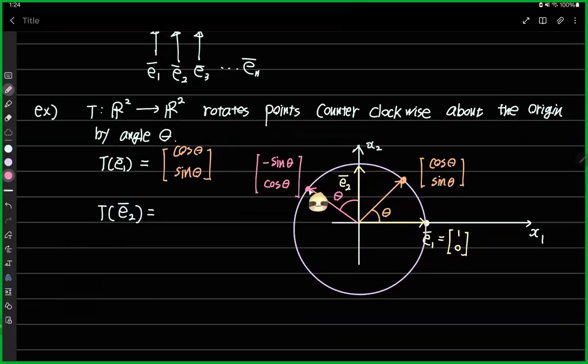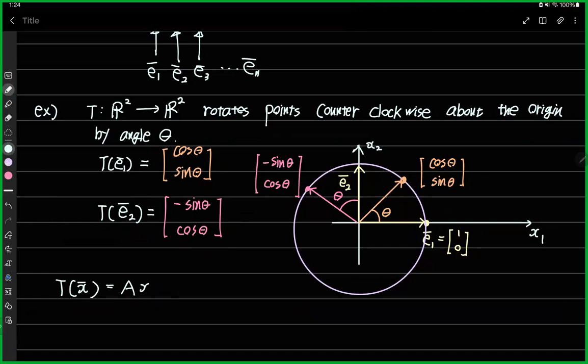The coordinate of this point is going to be minus sine theta, cosine theta. So we want to get this one when you put E2 into the linear transformation. Linear transformation T of x bar is defined by Ax.